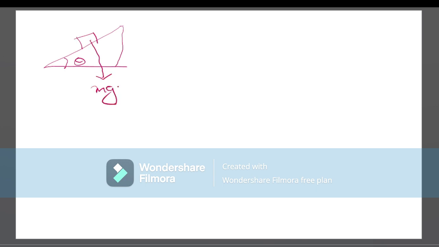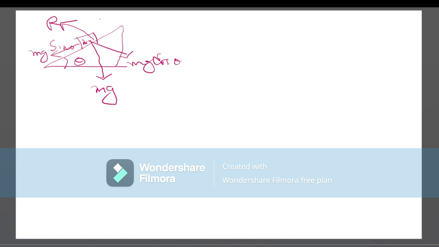As the body's weight is mg, the mg is acting downward, and this component is mg sine theta, and this component will be mg cos theta, as you know, and a reaction is acting upward. So this is the reaction.